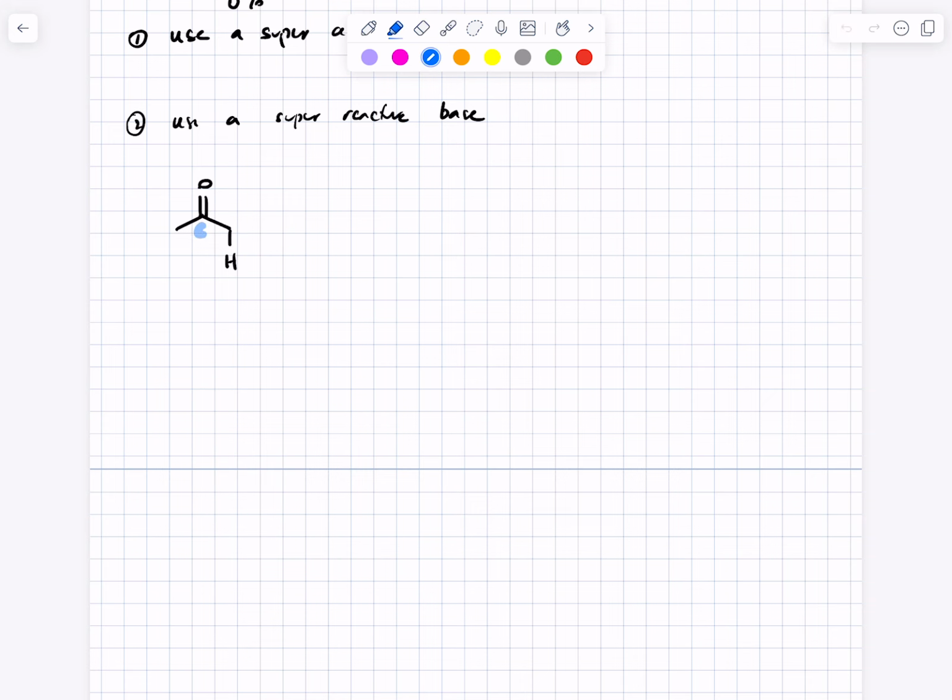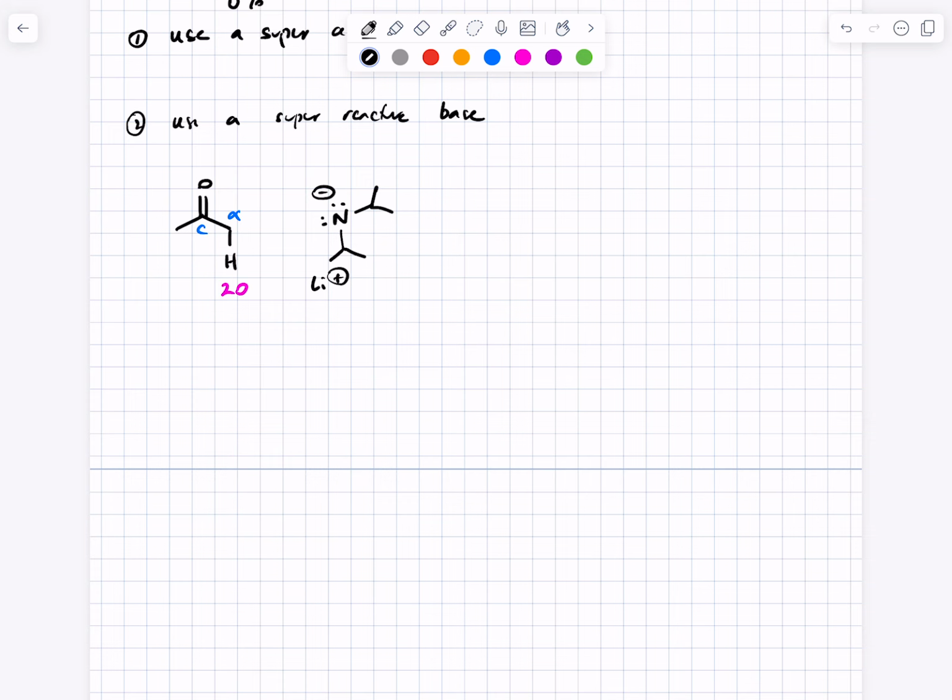So, carbonyl carbon, alpha carbon. This proton has a pKa of 20. We're going to use a base that's called lithium diisopropyl amide. Lithium's the counter ion.